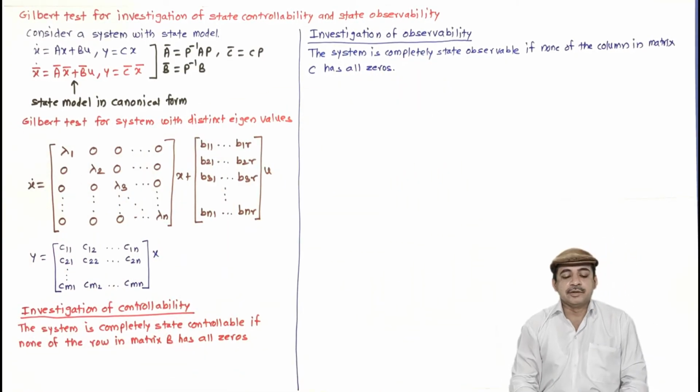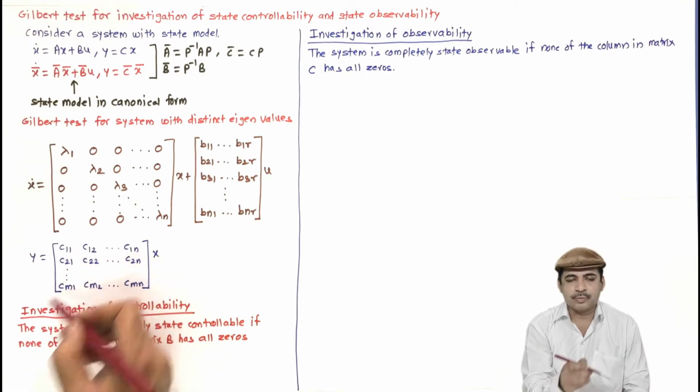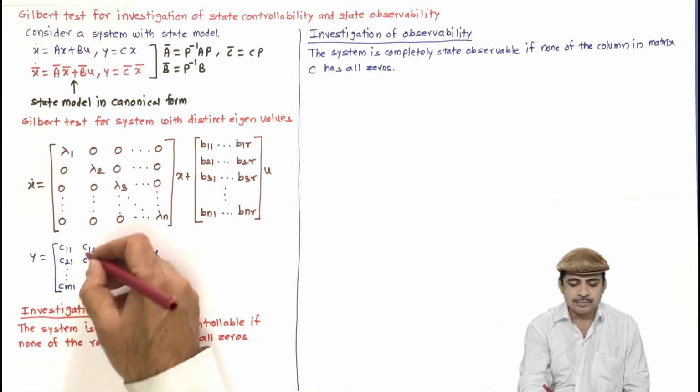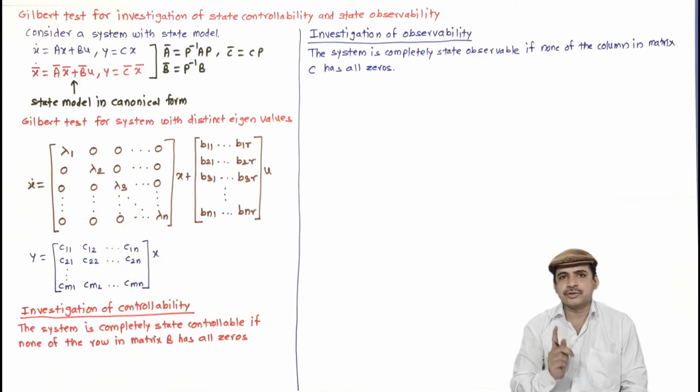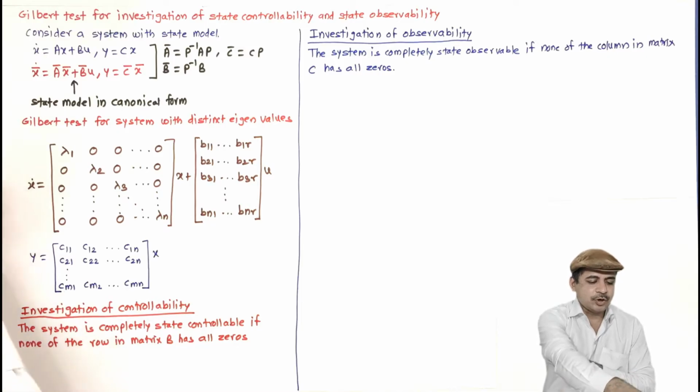That means while checking for observability, we have to check every column of matrix C, and every column should have at least one non-zero element. Then the system is completely state observable.